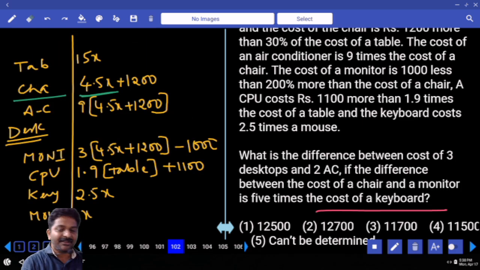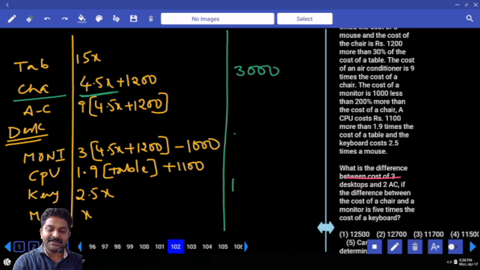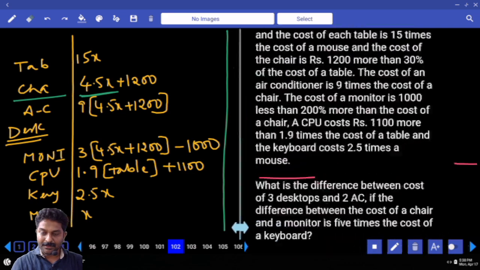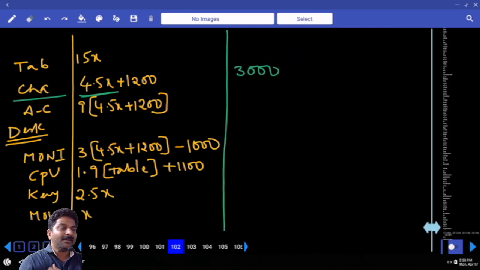Now let's see if we can reuse any data or not. 3 times of desktop. Desktop in the sense all these values are required, right? And then 2 times of AC. So what was the x value for the previous question? Now also we have 400. That means we can reuse those values here.